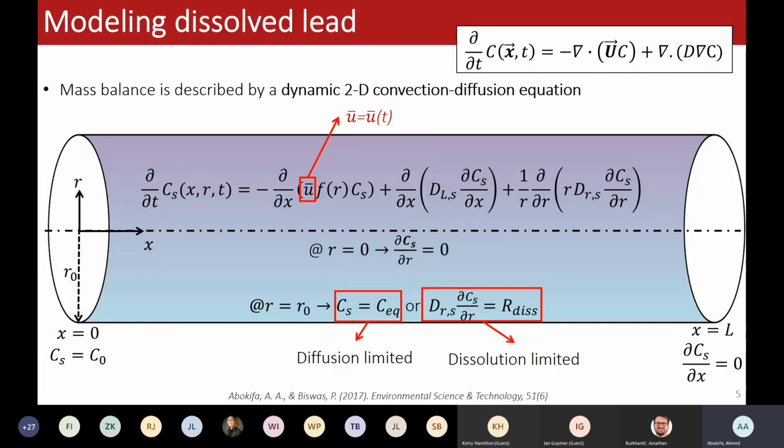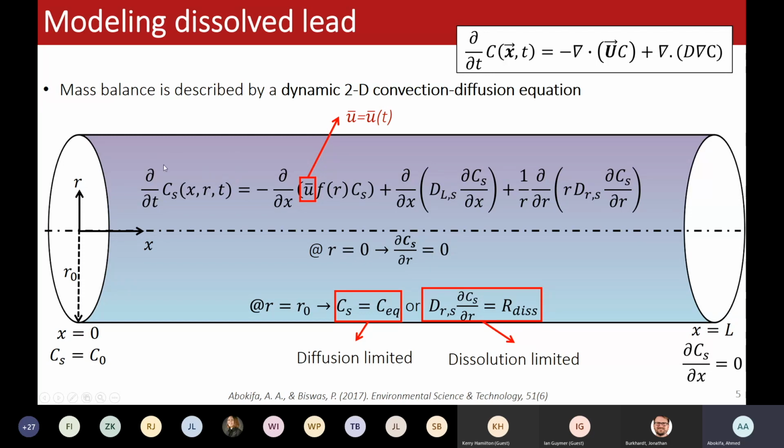We first start with the dissolved lead species model, and for that we use the dynamic 2D convection diffusion equation. Of course, this is the vector form, the full-blown convection diffusion equation, but in pipes, because we have axisymmetrical geometry, we could actually reduce that into a 2D model.